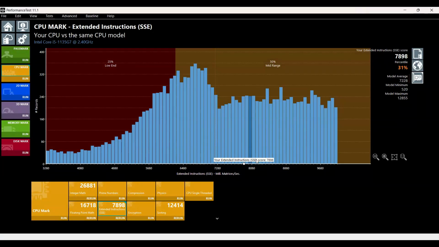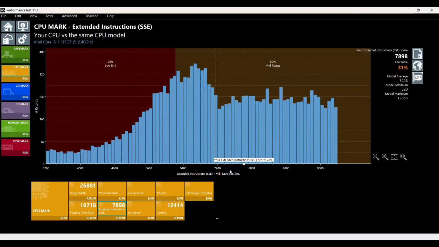My Intel Core i5 achieved a score of 7,898 million matrices per second. To convert this to GFLOPS, which stands for Giga floating point operations per second, I divide it by 1000.